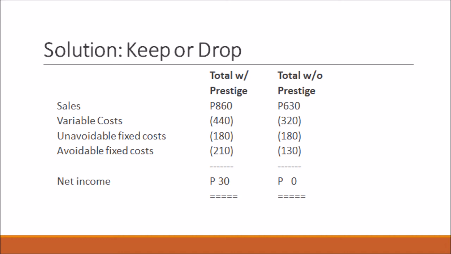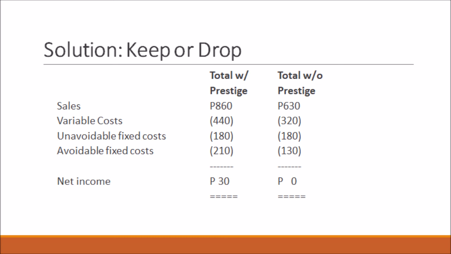And the avoidable fixed cost, or the fixed cost savings, is here: 210 minus 30 is equal to 80 pesos of fixed cost savings. Now get the difference of the total net income of the totals and the total less Prestige. We get the same answer, which is 30 pesos.